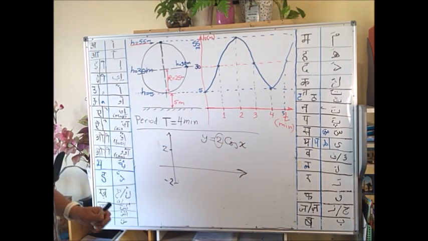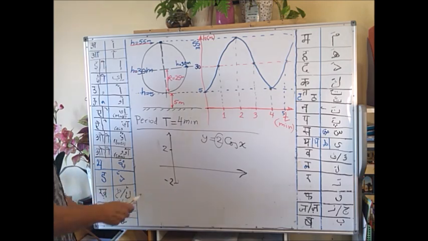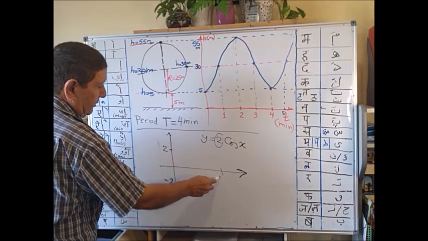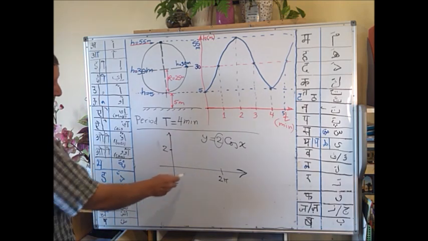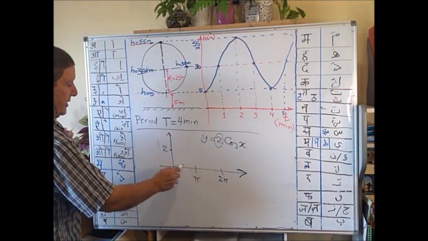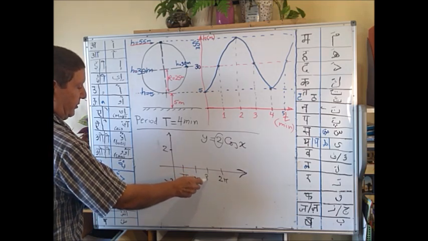The amplitude is 2. That is, the highest point is 2, and the minimum point is minus 2. Here the period is 2 pi. So that will be pi, this is half of it, pi over 2, and this is 3 pi over 2.